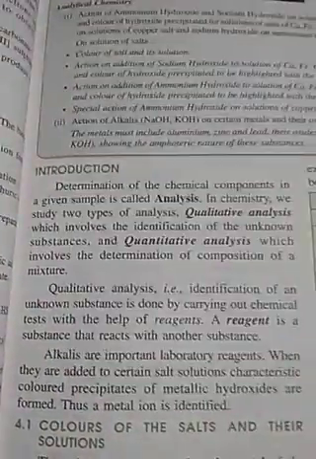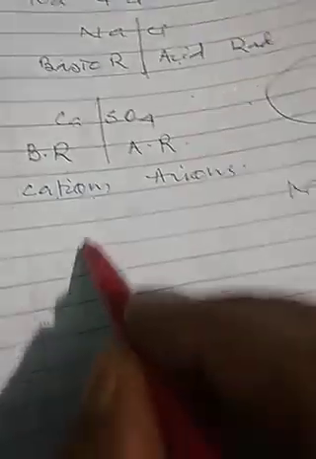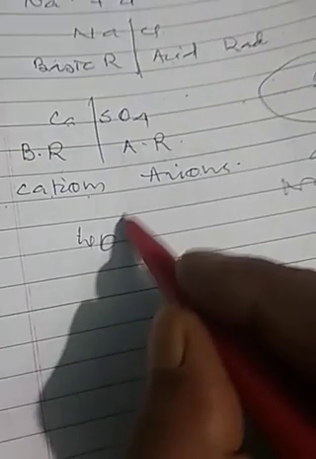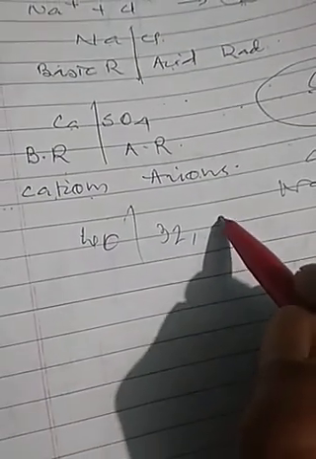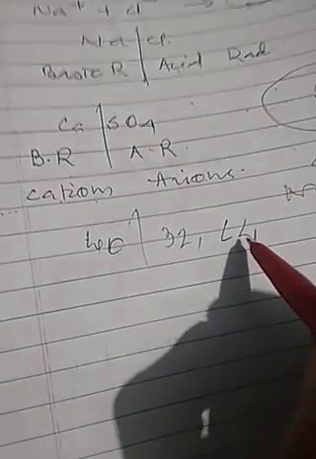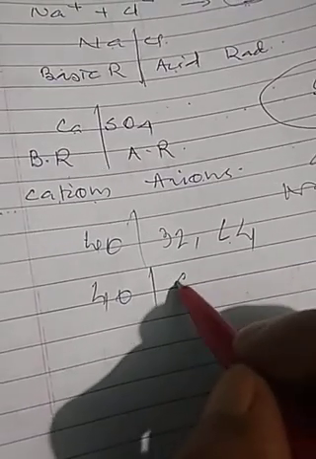Suppose we are given calcium sulfate. The atomic mass of calcium is 40, sulfur is 32, and oxygen is 16. 16 times 4 is 64. Overall it will be 40 and 96.